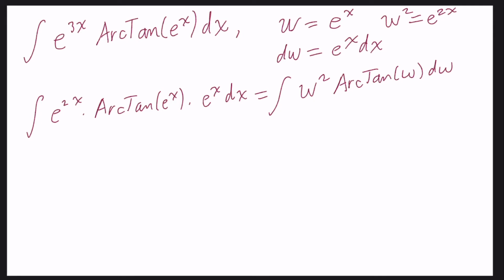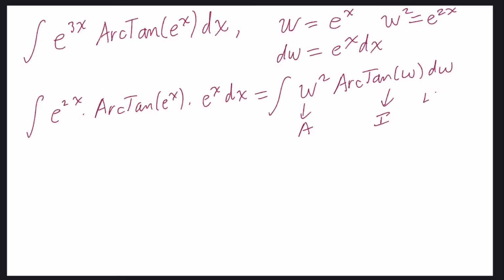Until now we transformed an integral which looks complicated into a simpler integral that can be solved in simpler terms. So what will we do now? We see arctangent, which is an inverse function, and w squared, which is an algebraic function.